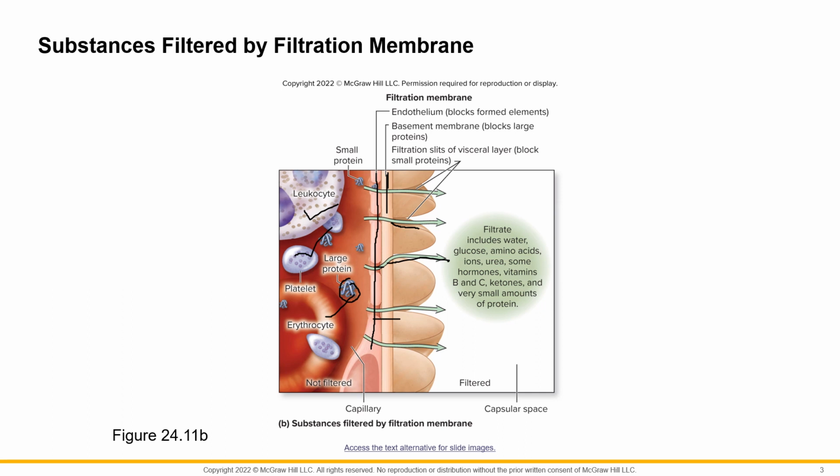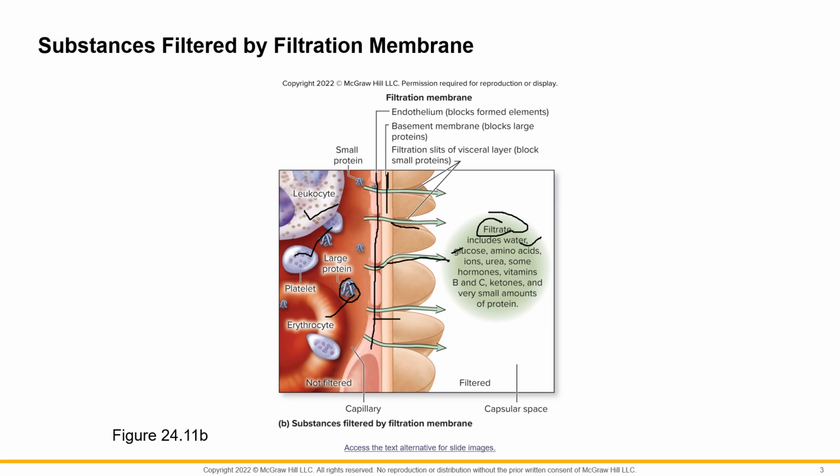So what does get squeezed out, what is called the filtrate, includes a lot of stuff that is either going to get reabsorbed back into your bloodstream later on, or it has wastes that are going to get secreted later on. Some of the things in filtrate are large amounts of water, about 99% of which is going to get reabsorbed.